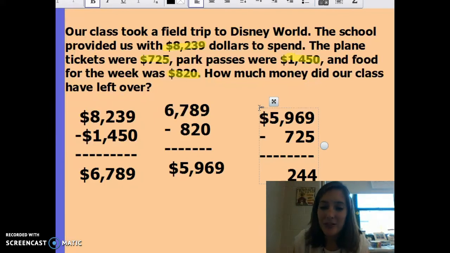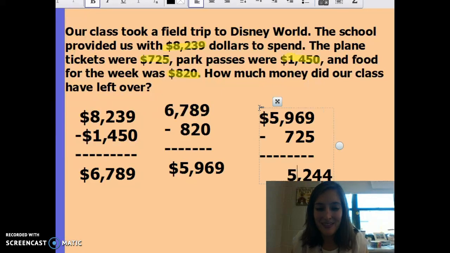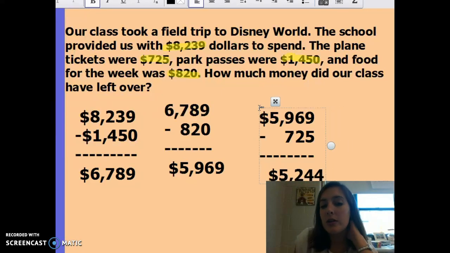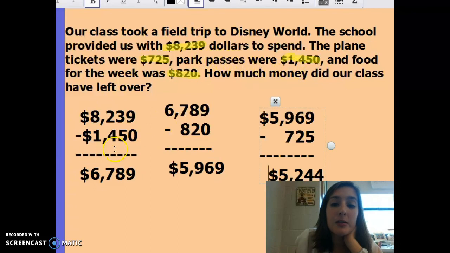This was a little bit easier, isn't it? So, we started our trip with $8,239, and after we spent our $725 on the plane tickets, the park passes were the $1,450 and the food was $820. We are left with $5,244.